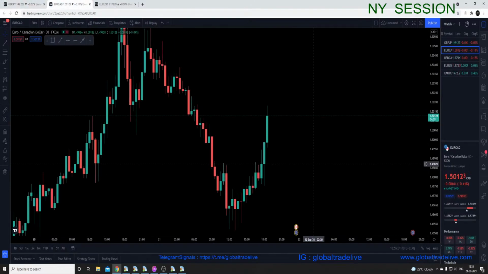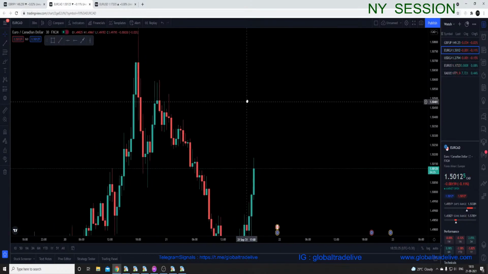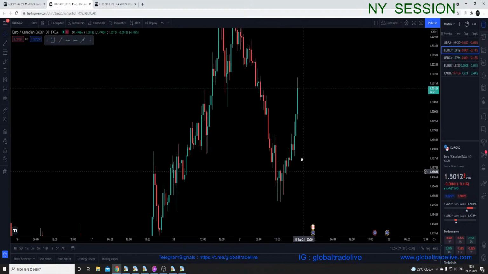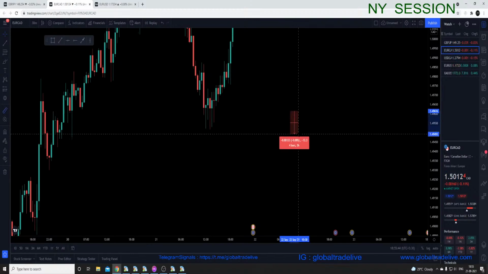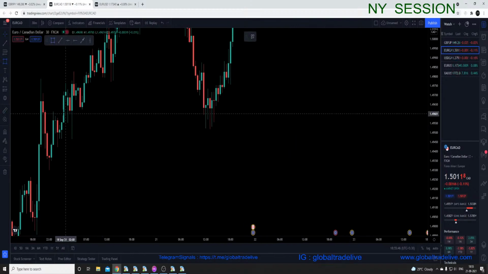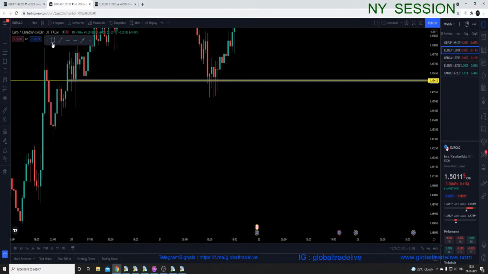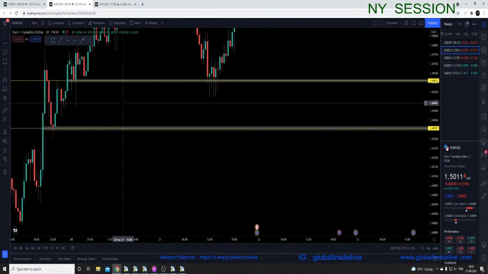Okay, so let's just analyze EuroCAD over here, because in 5 minutes there will be NYSE volume coming in, and anything can happen in that case. So I think sells can be below this area, also below this area.